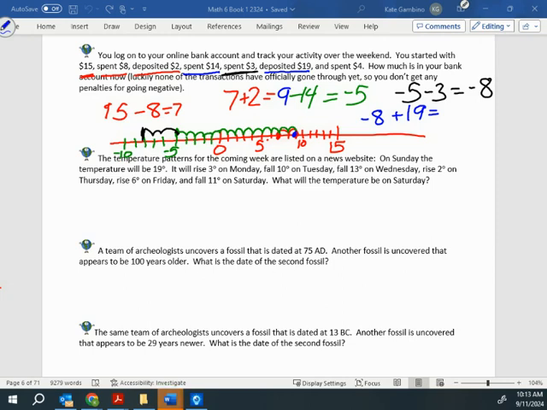We're going to the right, so I'm going to count out 19 starting at the negative 8. 1, 2, 3, 4, 5, 6, 7, 8, 9, 10, 11, 12, 13, 14, 15, 16, 17, 18, 19. So I'm ending at a positive 11.